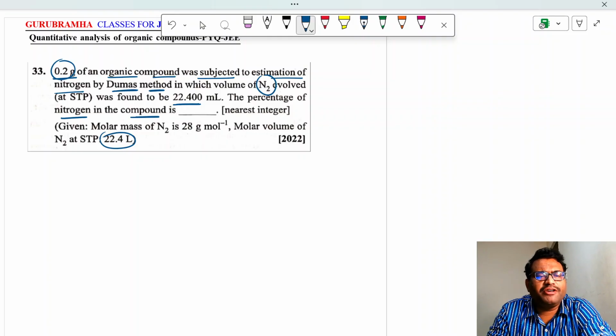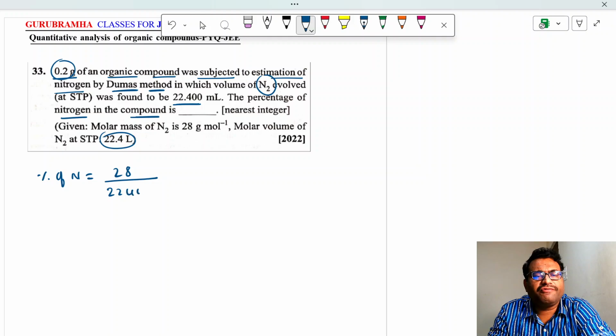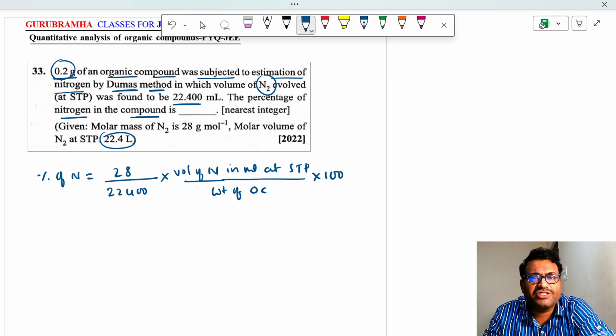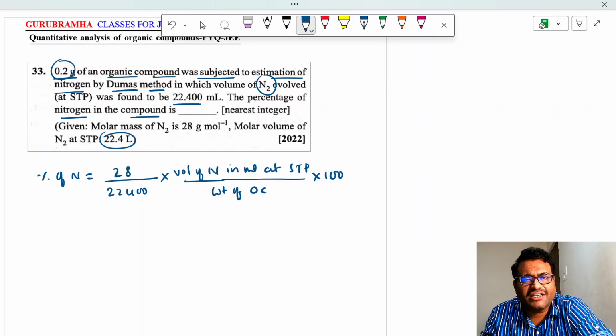By the Dumas method, the percentage of nitrogen is equal to 28 by 22,400 into the volume of nitrogen in ml at STP released, by the weight or mass of the organic compound, into 100. In chemistry, mass and weight are the same; we don't take acceleration due to gravity into the context.